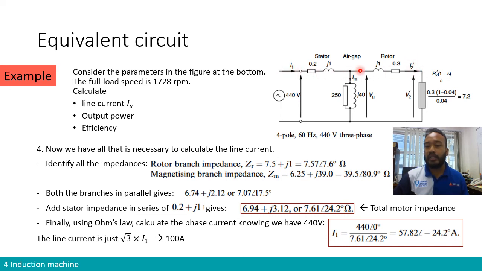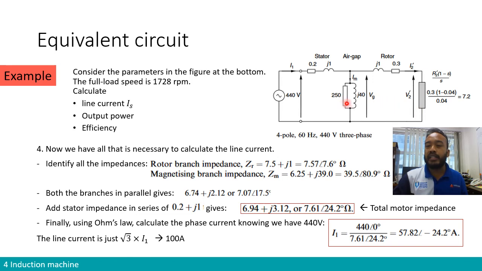So the current I1 separates into IM and I'2. Therefore, we can calculate the impedance of this branch, and of this branch as well, which includes j1, 0.3 and this resistor. We can see that this branch and this branch, the rotor branch and the air gap or magnetizing branch, are in parallel, right?